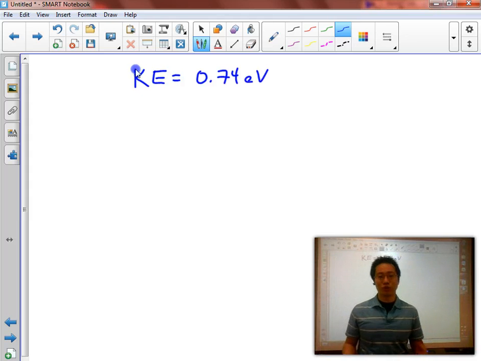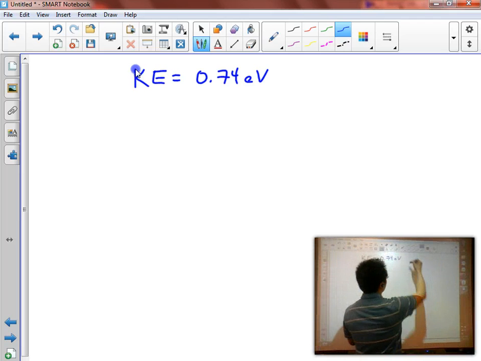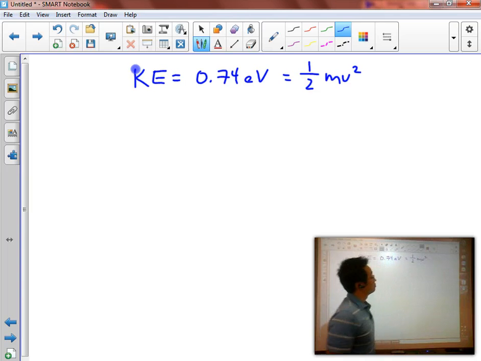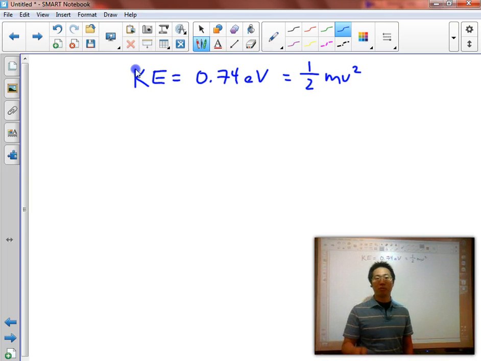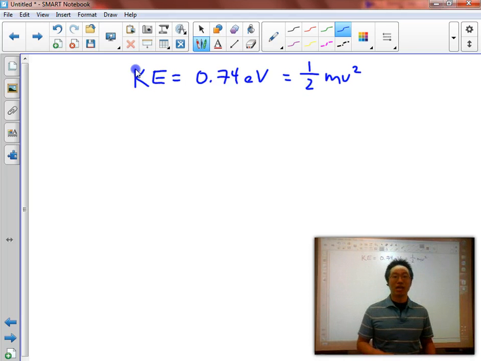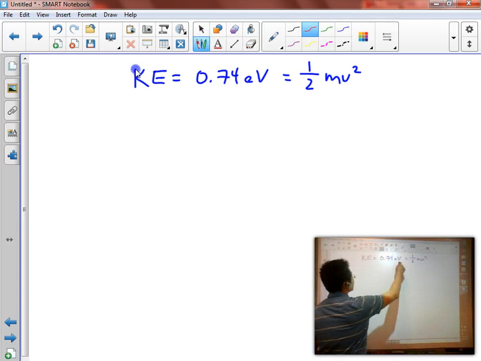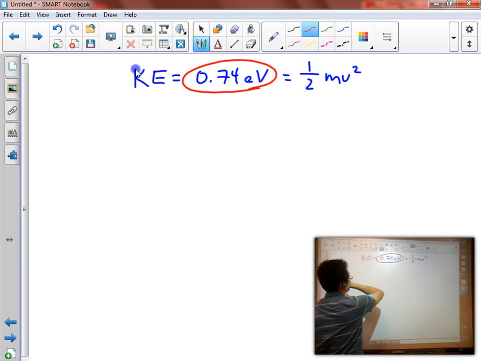And of course, we all know that the kinetic energy formula is 1/2 mv squared. However, you have to remember that kinetic energy is an old mechanics term, and in mechanics, we never use electron volts, we always use joules. So first step would be to convert this into joules.